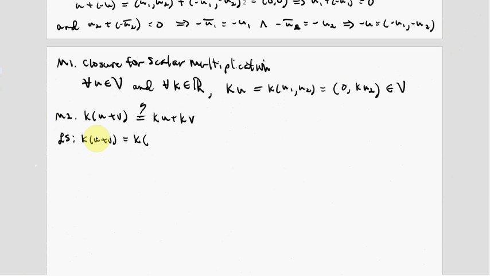So here we add the two vectors, u plus v. So we get u sub 1 plus v sub 1, comma, u sub 2 plus v sub 2. That's equal to, here now this is scalar multiplication, the scalar times a vector. The first component is translated into 0. This is 0, comma, k times u sub 2 plus k times v sub 2.